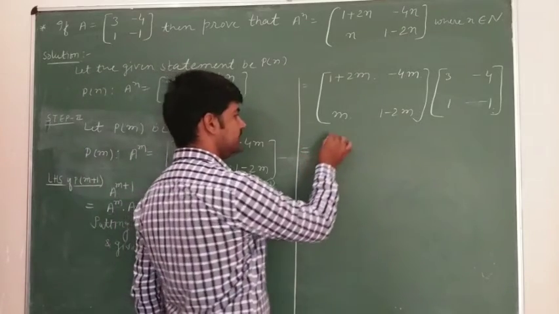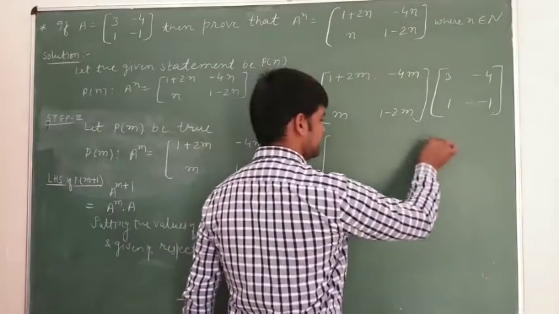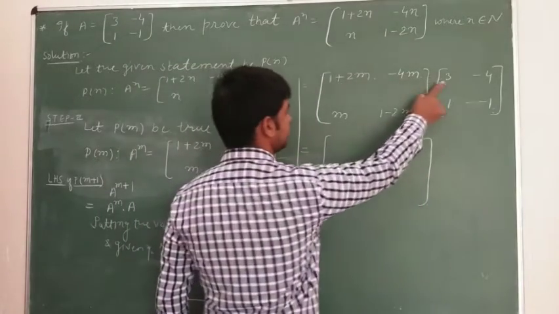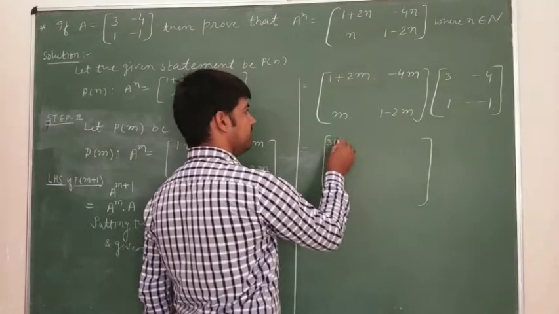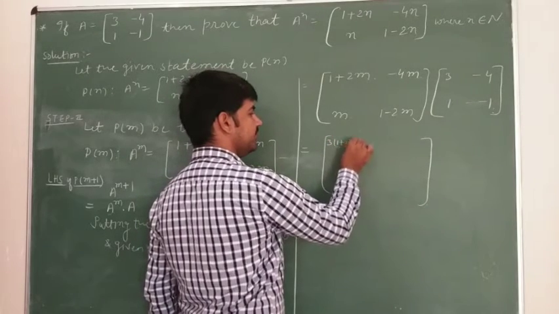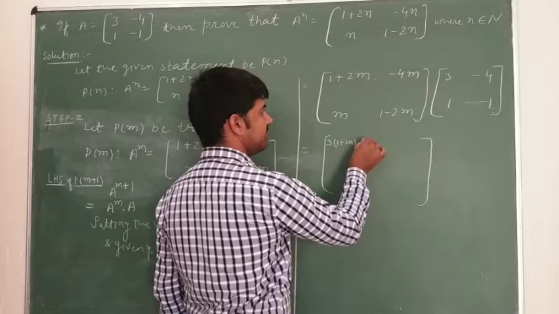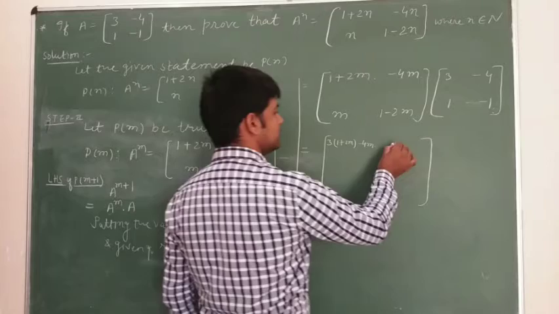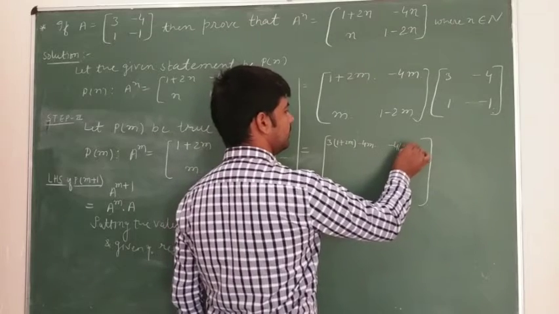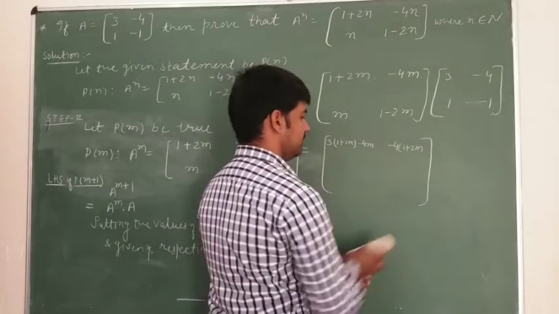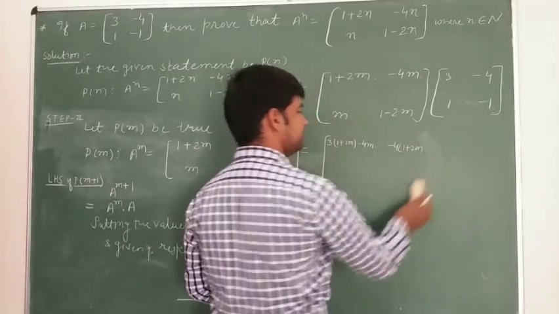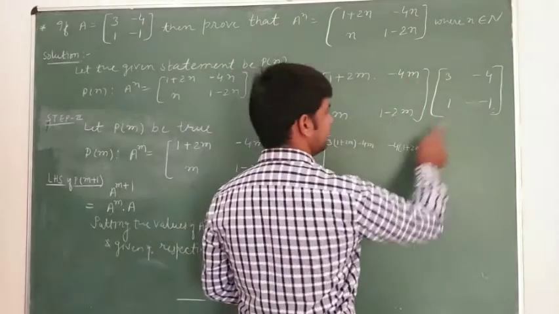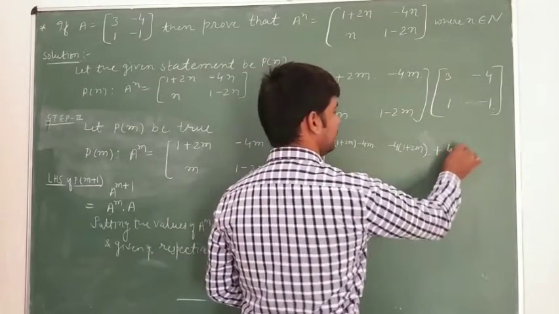Let us multiply both of these matrices. We will get a square matrix of the same order 2. First of all, this multiplied by 3: 3 multiplied by 1 plus 2m and minus 4 multiplied by 1, so minus 4m only. And the next, minus 4 multiplied by 1 plus 2m, and minus 4m multiplied by minus 1, so it will be plus 4m.